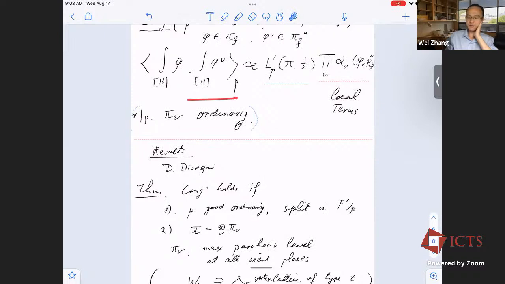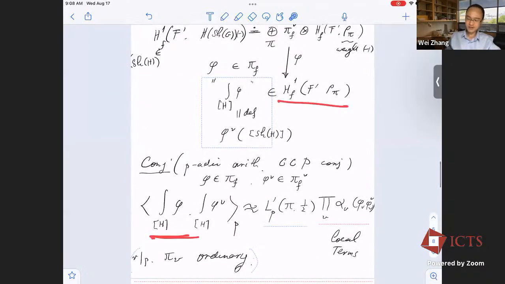So we do get an application saying that if the L-function has vanishing order 1 along the cyclotomic direction, then the Bloch-Kato Selmer group has rank at least 1, because that means this class is non-zero in the Selmer group.